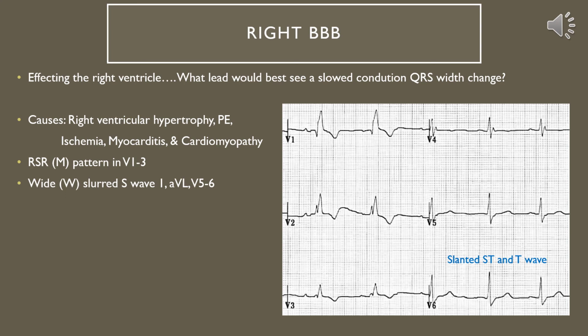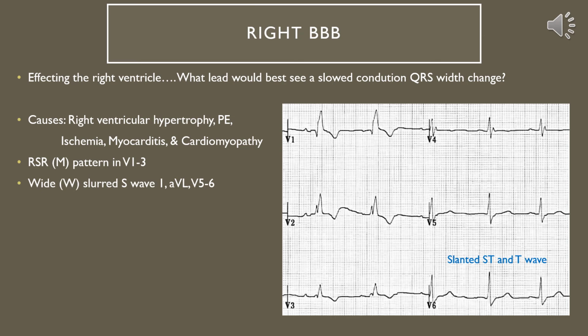I can see this best in V6. So when you're looking at V6, you see how the QRS complex has that slurred check-mark S wave right there. You can also see it in aVL and lead 1.